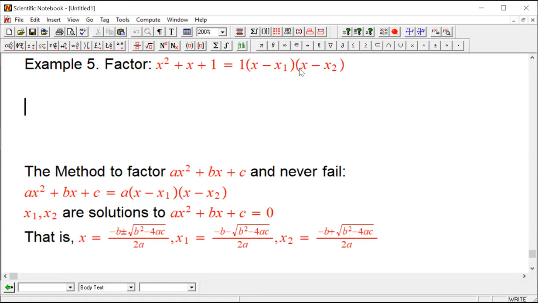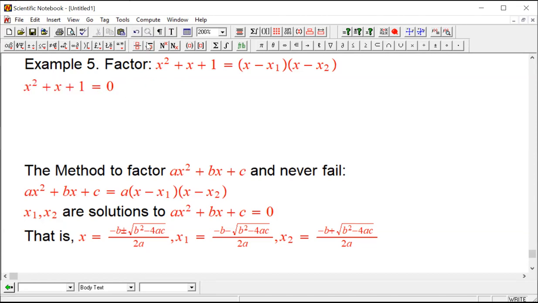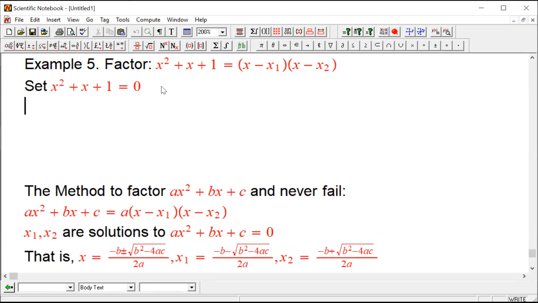Okay, so now let's find x1, x2. We're going to have a quadratic equation, and that quadratic equation is just setting this function equal to 0. The output equals 0, as we did in the previous cases.